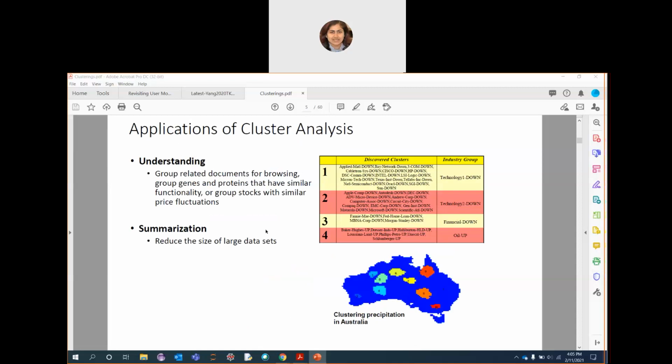Some of the basic applications are, biologists have applied clustering to analyze a large amount of available genetic information. One example is that clustering has been used to find groups of genes that have similar functions. So based on the similar characteristics of genes, we can perform clustering.